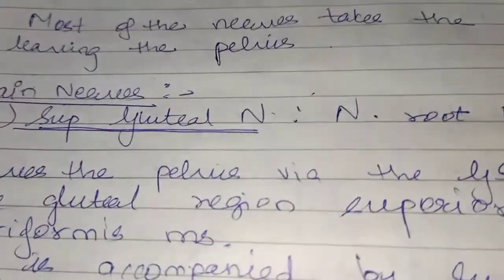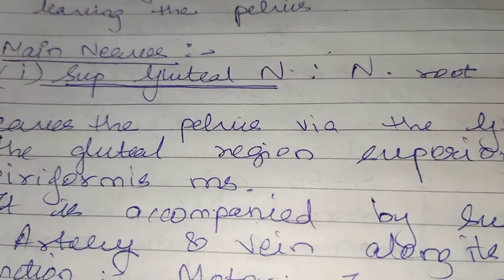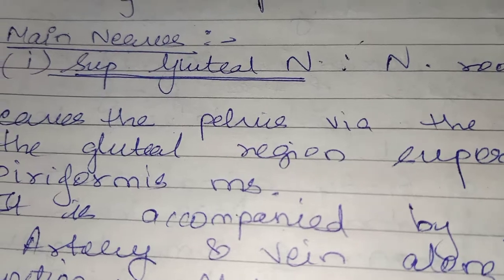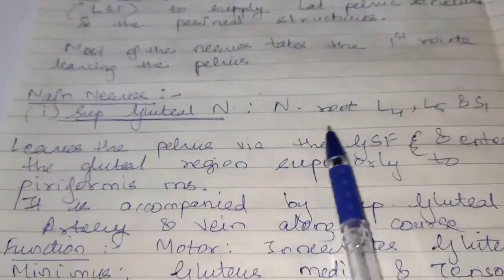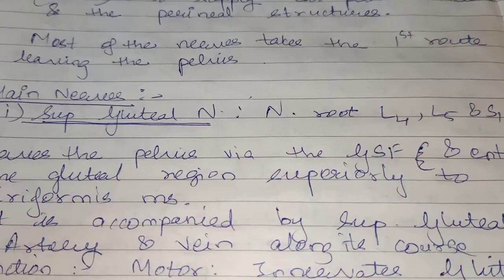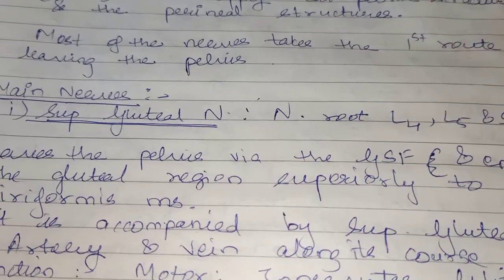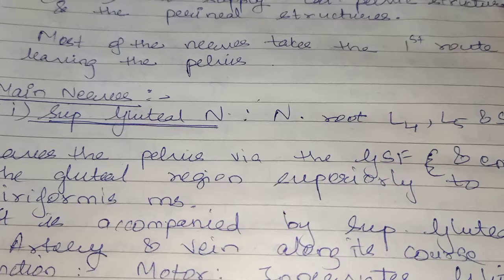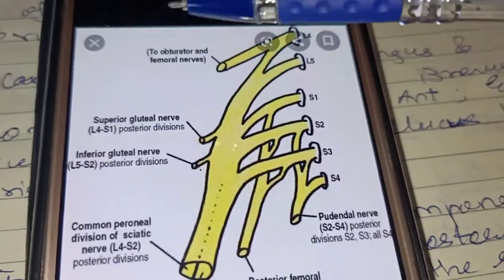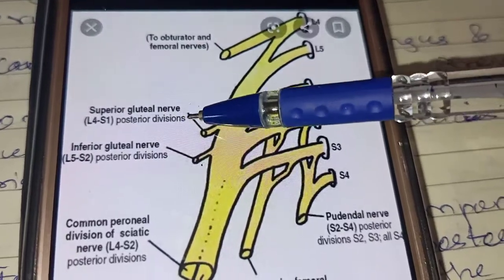The first nerve is the superior gluteal nerve. The nerve root is L4, L5 and S1. This you have to remember. If I show you in this diagram, this is the superior gluteal nerve.